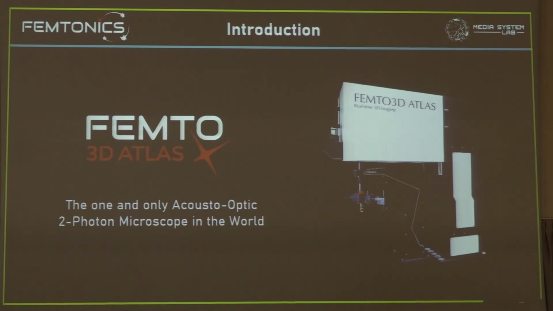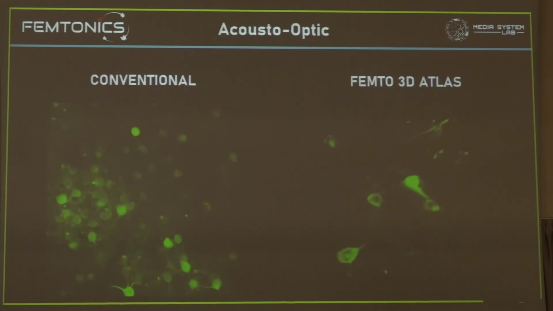It's the one and only acousto-optic 2-photon microscope. To make it simple, because I don't like this physicist stuff, I like to make a biological example. If with a conventional microscope we can have 2D live imaging in vivo, with Femto 3D Atlas we can have ultra-fast 3D imaging in vivo. So that is a very complicated technology.